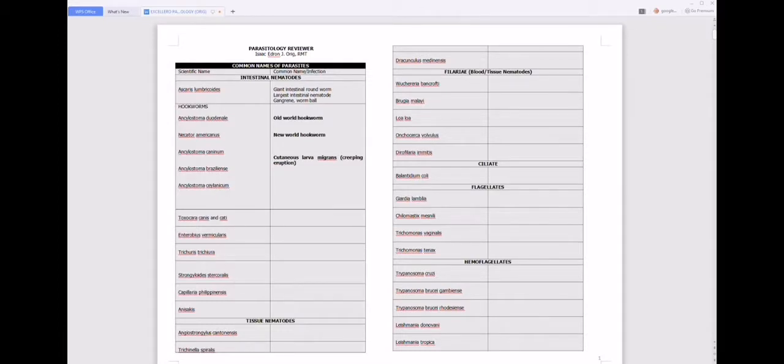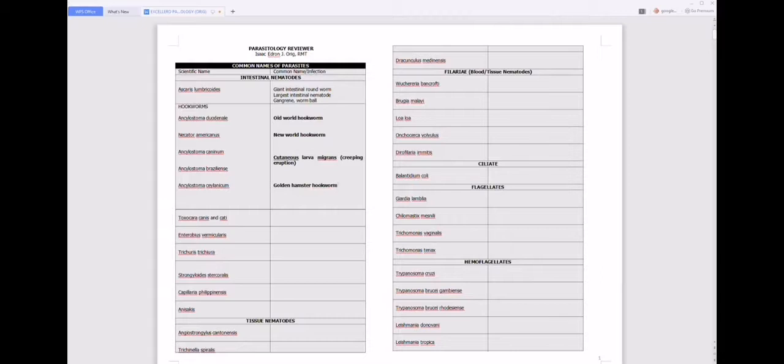Okay, so Ancylostoma caninum and Ancylostoma brasiliense, cutaneous larva migrants. So take note of the word cutaneous larva migrants. Kasi mamaya may other larva migrants pa tayo. And for Ancylostoma ceylanicum, the other name is golden hamster hookworm.